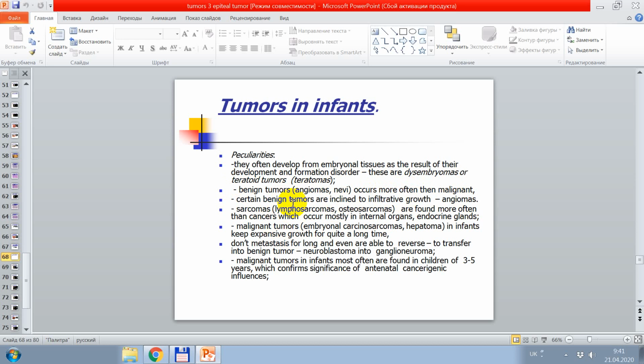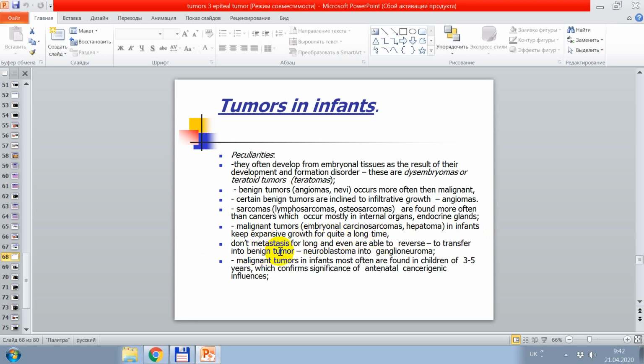Certain benign tumors, such as angiomas, are inclined to infiltrative growth. Sarcomas, lymphosarcomas, and osteosarcomas are found more often than cancer, and occur mostly in internal organs and endocrine glands. Malignant tumors in infants, embryonal carcinosarcomas and hepatoma, keep expansive growth for quite a long time.